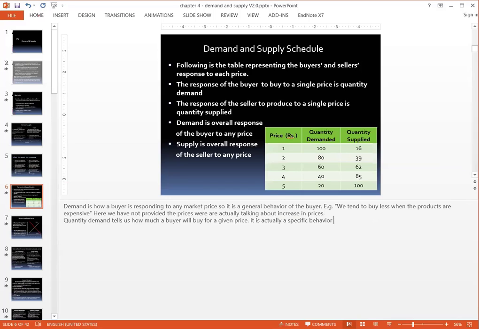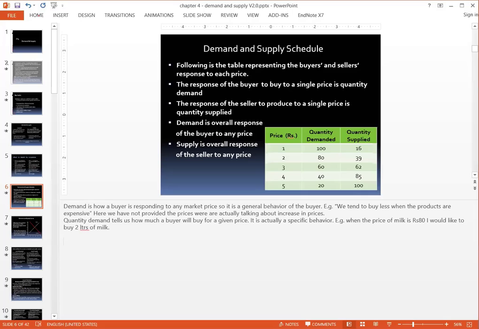Here the example is: when the price of milk is Rs 80, I would like to buy 2 liters of milk. So what I am telling here is that if the price is given, how much I will buy, that is 2 liters of milk. So demand is the behavior to any price, and quantity demand is the behavior to a given price.